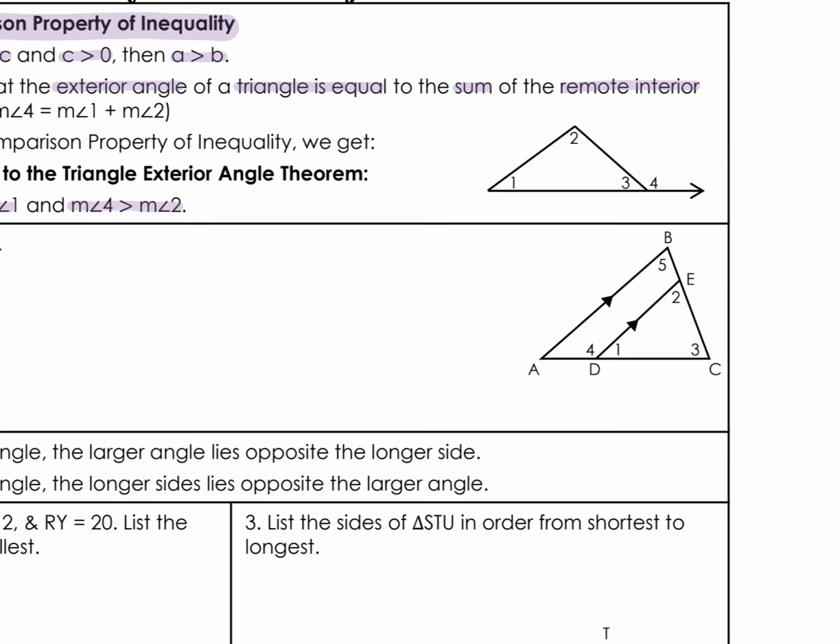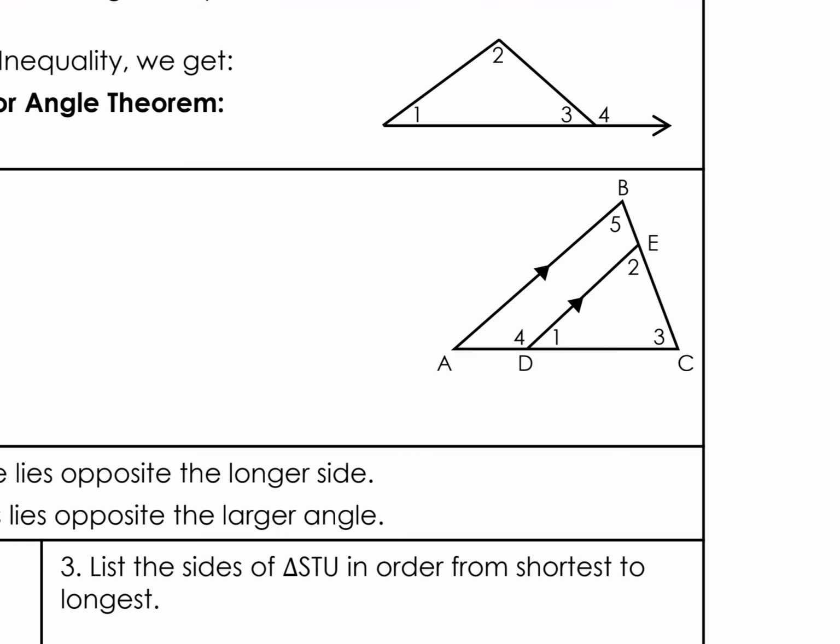All right, so looking here, we've got that the measure of angle 5 here that we see is going to be congruent to the measure of angle 2. The reason why those are congruent is because they are corresponding angles. And so we can say that the measure of angle 5 is going to be equal to the measure of angle 2 because of corresponding angles.